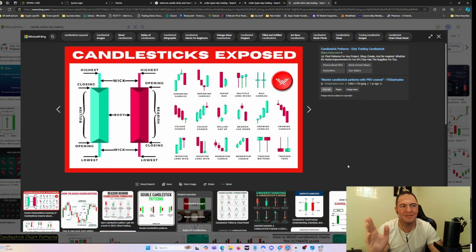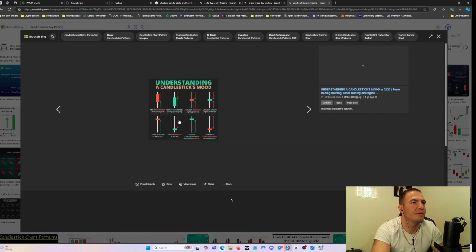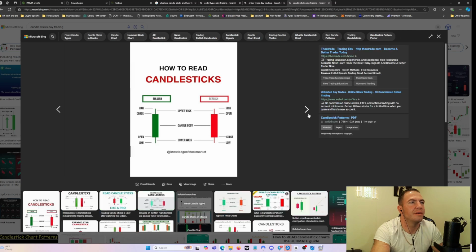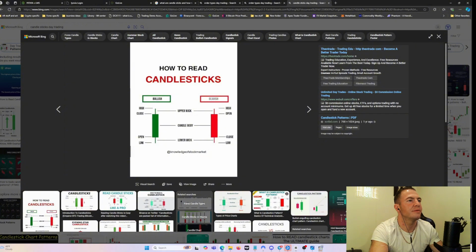They are all the same. I mean, a candle is a candle. So there's lots of different patterns that people look for, and there's a lot you can learn from them. I really like this image right here, to be honest. It's just real basic and simple. Maybe I'll use it for something.